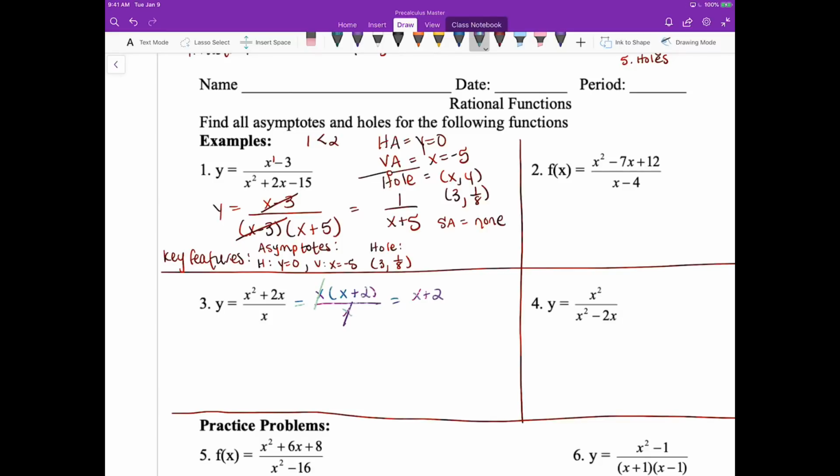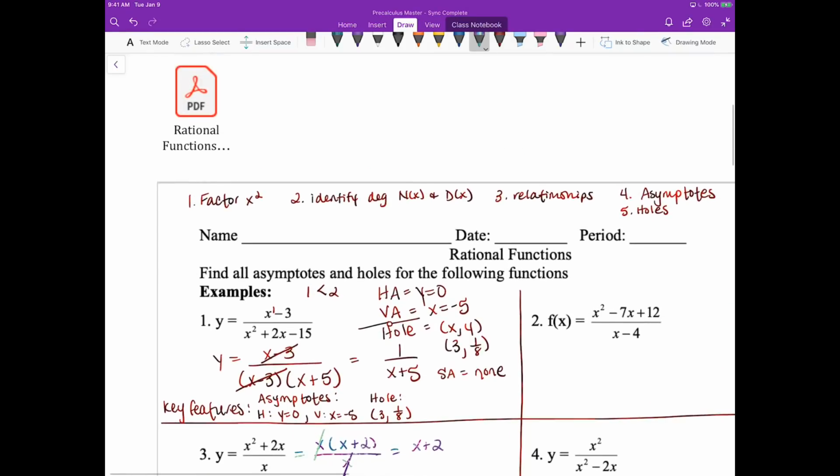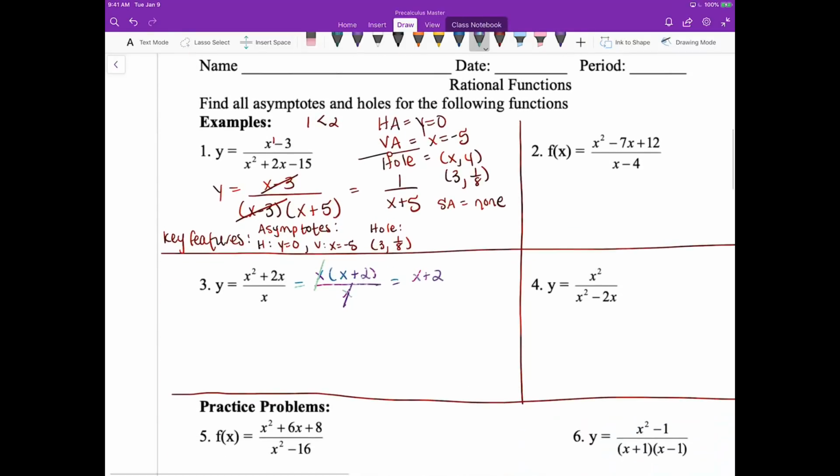If you graph y equals x plus 2, it's going to give you a linear function, but x squared plus 2x over x is a rational function with different restrictions, with different key features, and that's what we're going to find. So the first thing I looked at was I identified the degree.